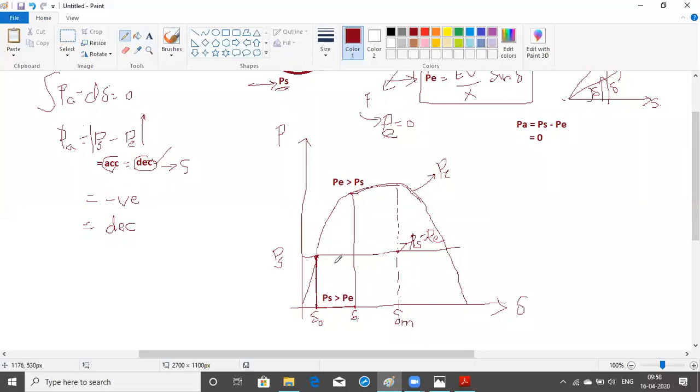And this is actually an area. We are going to call this area A1. And we are going to call this area A2.